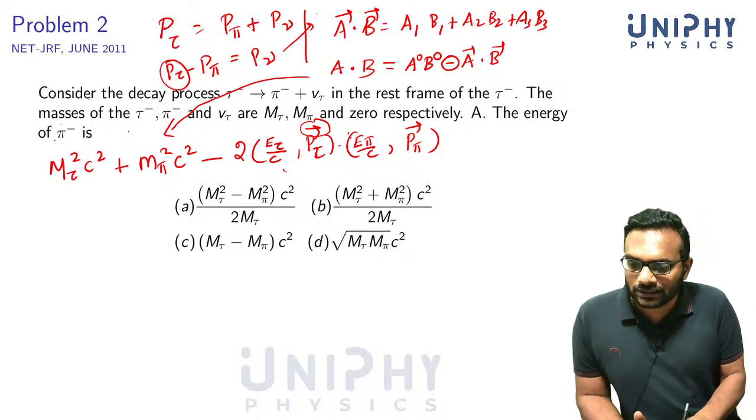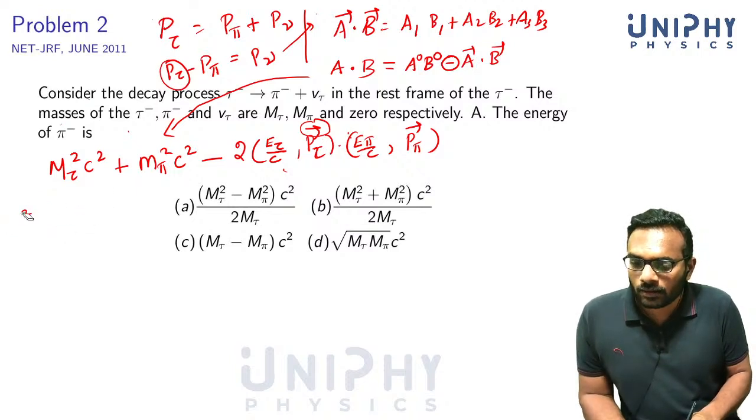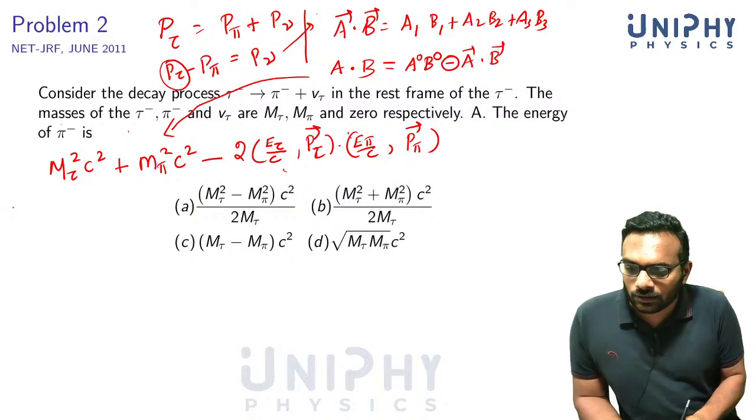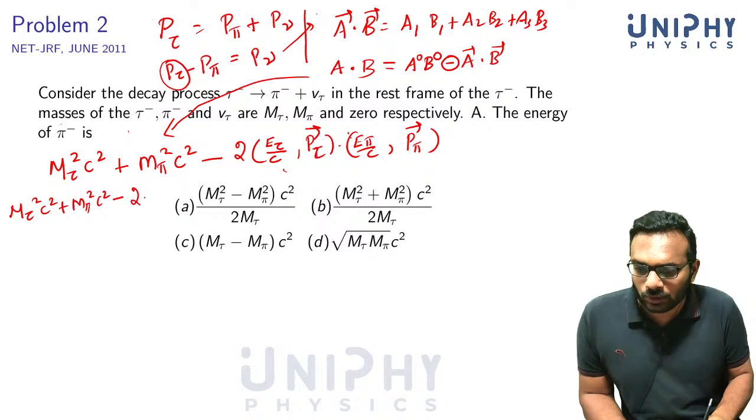So that gives us m tau square c square plus m pi square c square minus, you have got a 2 here, and you will have e tau e pi divided by c square.